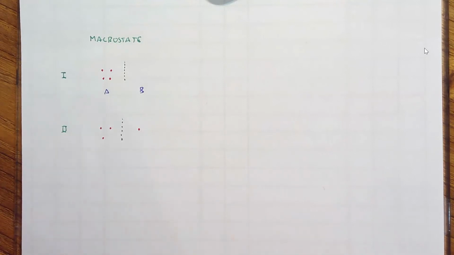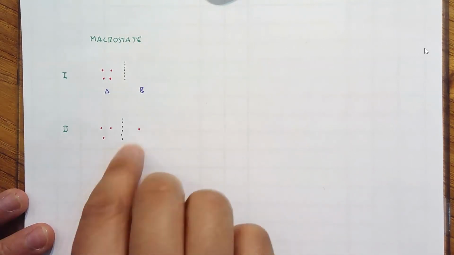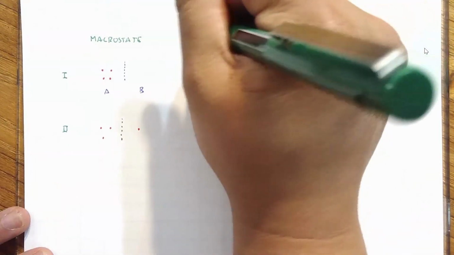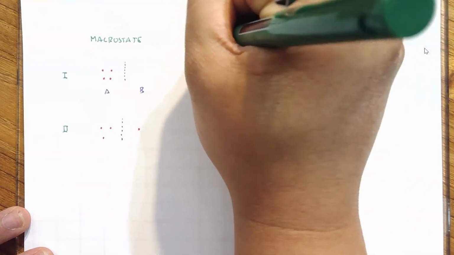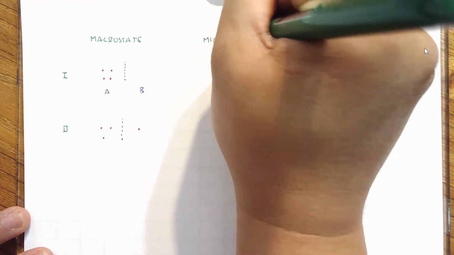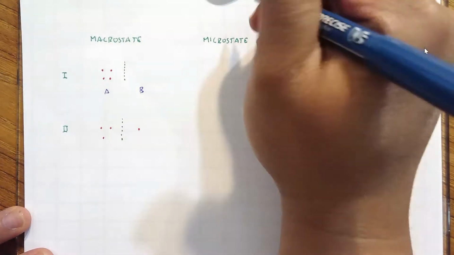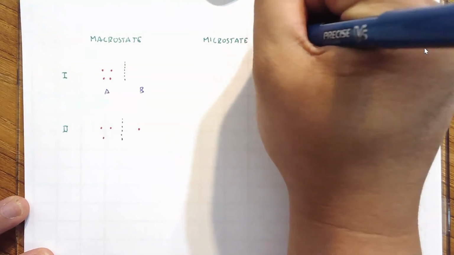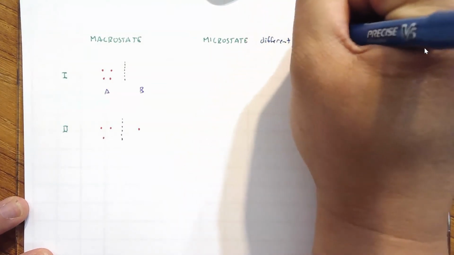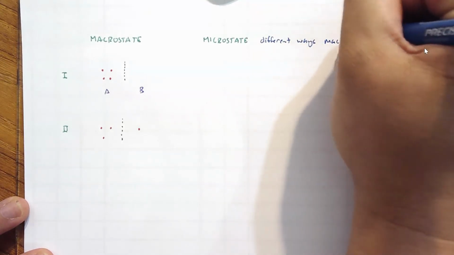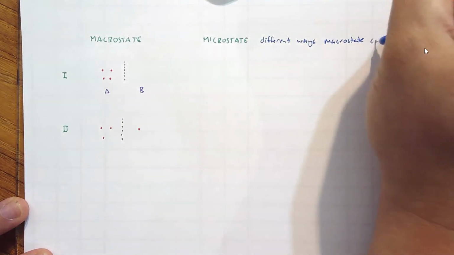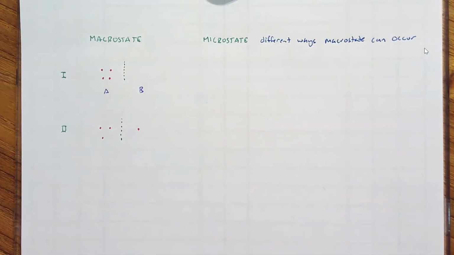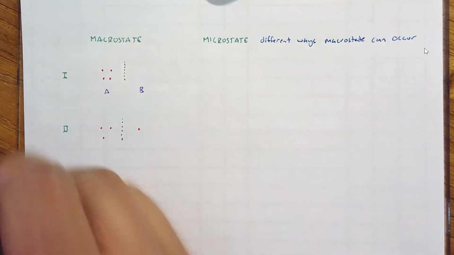So we are going to keep track of the actual molecules 1, 2, 3, and 4. Let me set us up for the microstate on this side. It is the ways that the macrostate can occur, all the different ways the macrostate can occur.